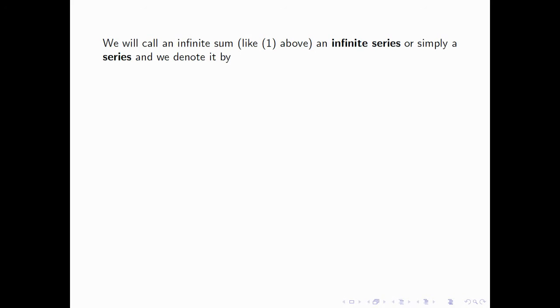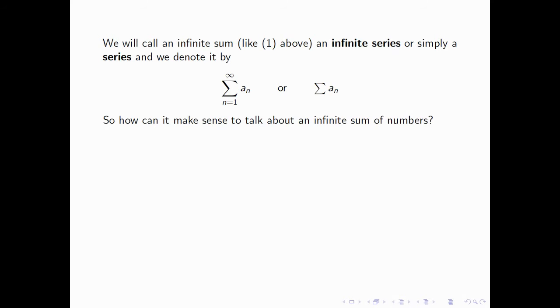Now the first thing is to introduce a name for it. The name for a sum like that, an infinite sum, will be an infinite series, or simply a series. Just like we had a symbol to denote a sequence, the curly braces with a_n inside, we have this sigma symbol.